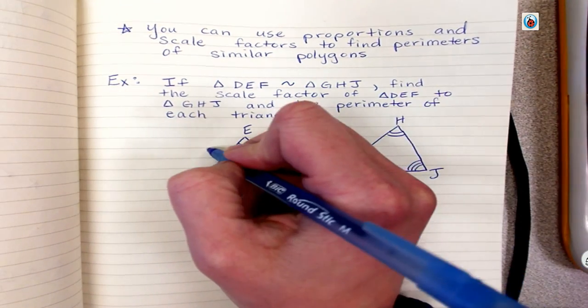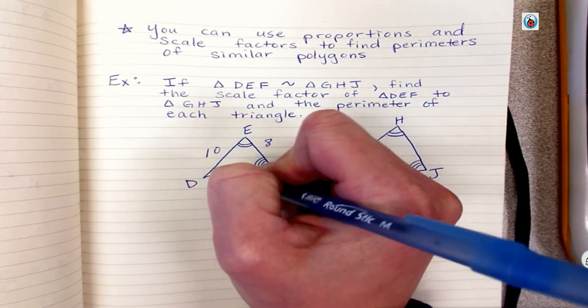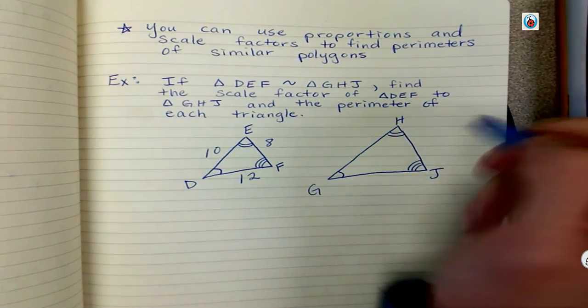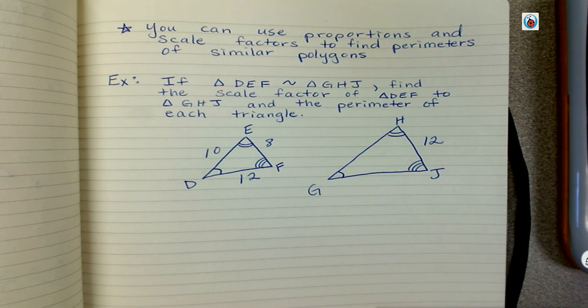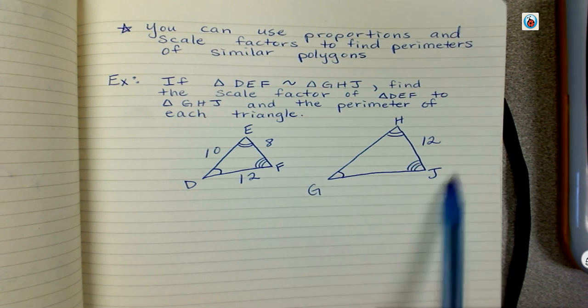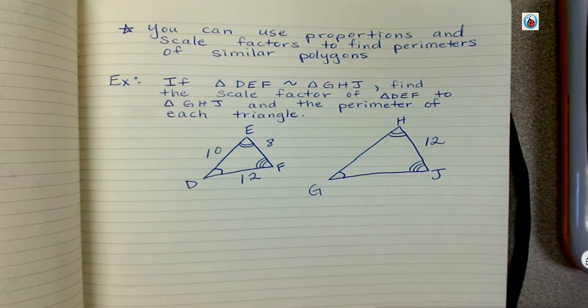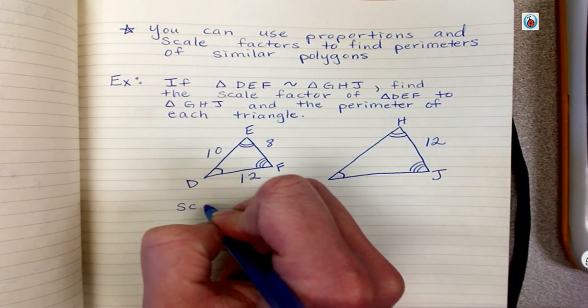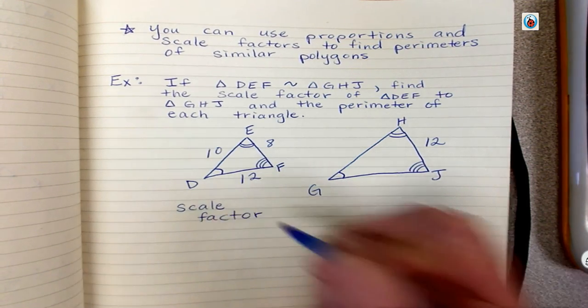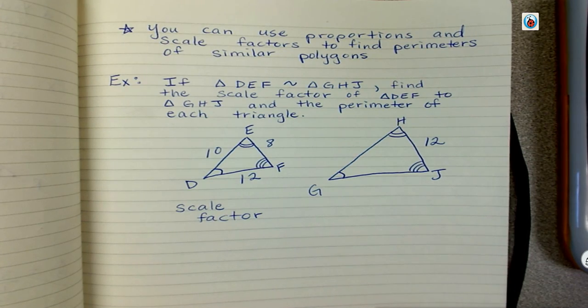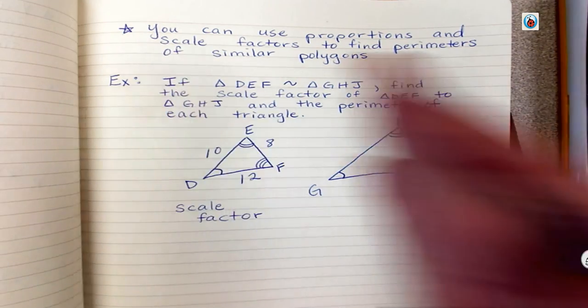So if I give you these lengths 10, 8, and 12, and I tell you HJ is 12, you want to find the perimeter of this triangle and this triangle of each one, and you want to find a scale factor. So let's start with scale factor first. Let's remember a scale factor is just going to be that reduced ratio of one corresponding side to the other.